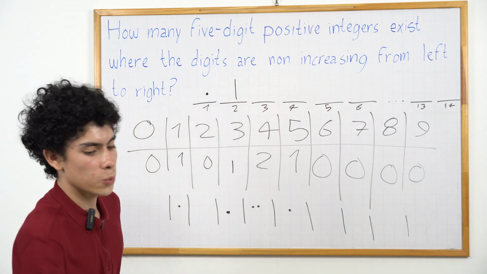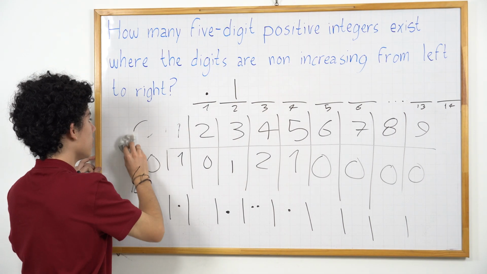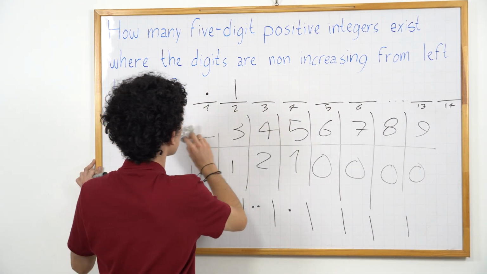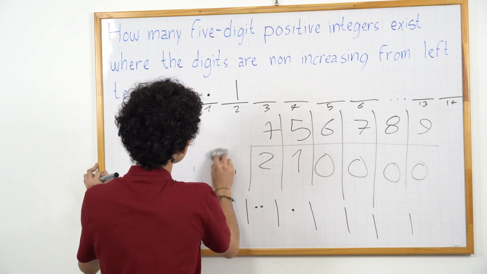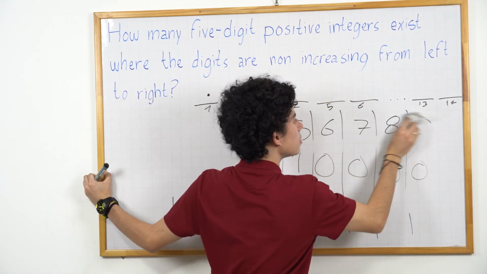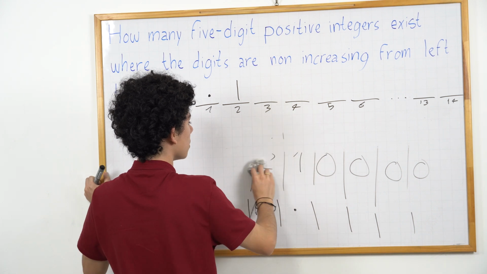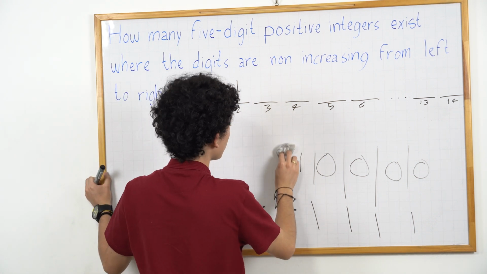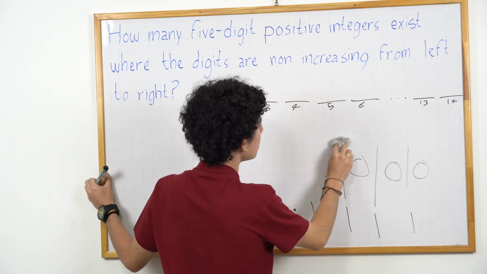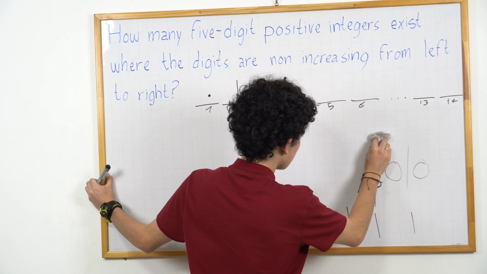So what we have to do is find in how many ways can I put 5 dots and 9 dividers in these 14 spaces.